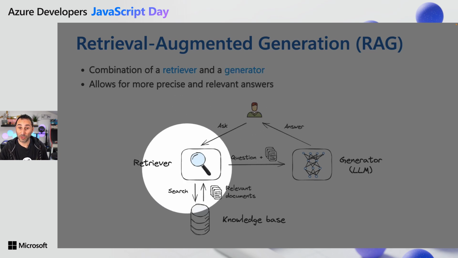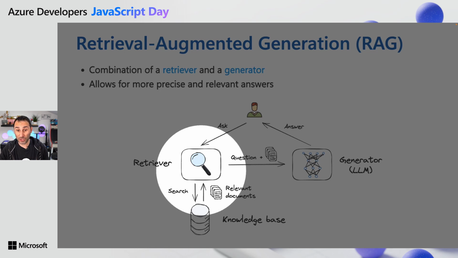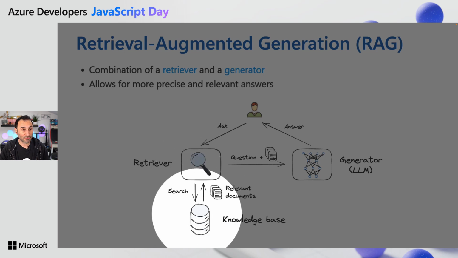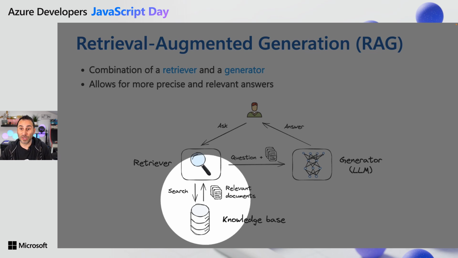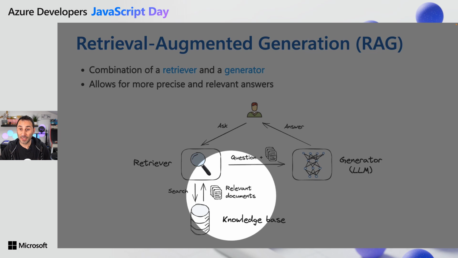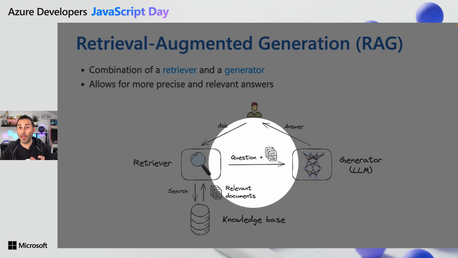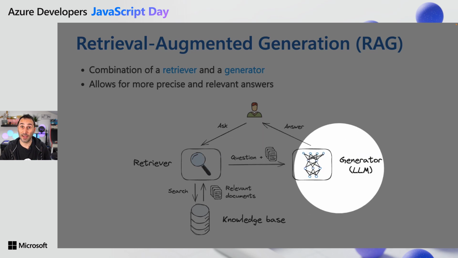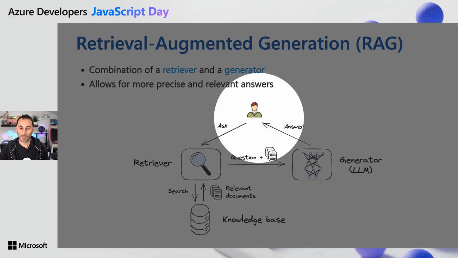This component will perform a search within a knowledge base of text documents and retrieve the most relevant documents to answer that particular question. Once you find the relevant documentation, you send the documents and the initial question to the generator component, so the LLM in our use case, to generate the final answer to the user.